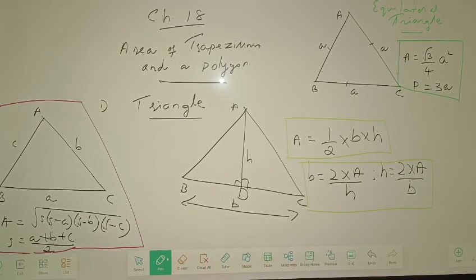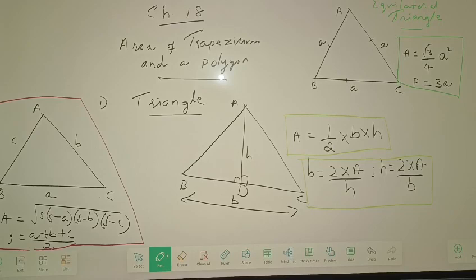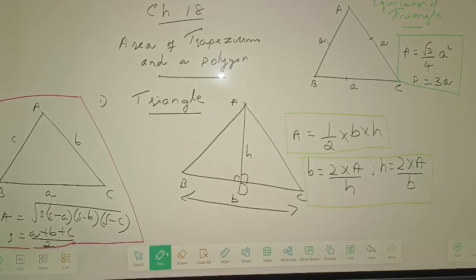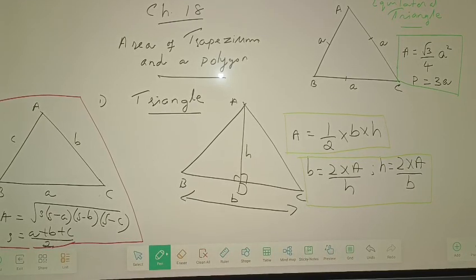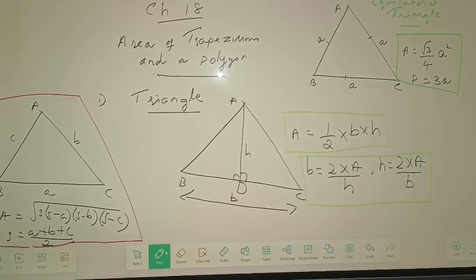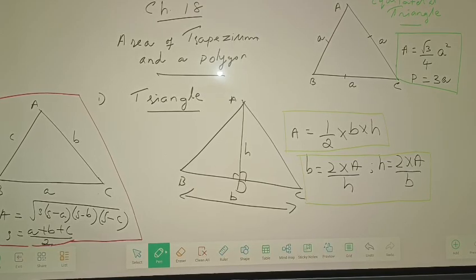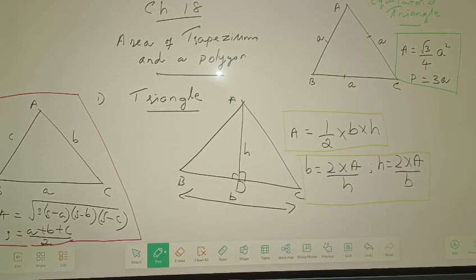Just to revise it again, you can see on the board a triangle is drawn, and see how to find its area. In triangle number 1, a triangle ABC is drawn with 3 sides AB, BC and AC. The formula to find the area of a triangle is half into base into height.